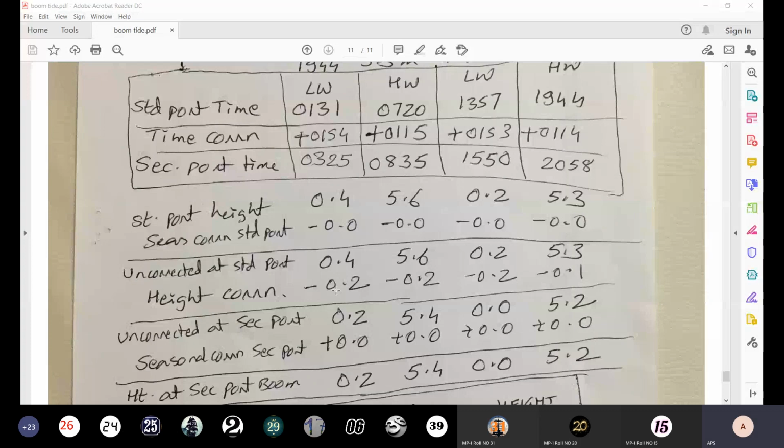Now comes the main part, how to get this height correction for 0.4 as low water.